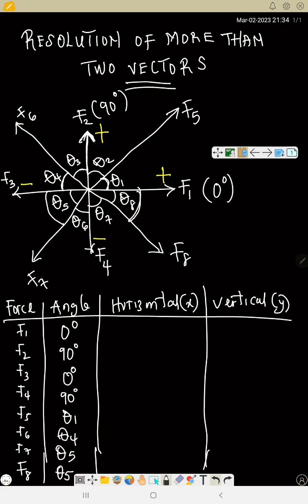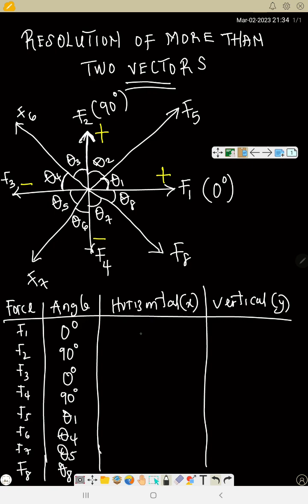Now do you notice I'm not picking theta 2, theta 3? If I pick them there is no problem, but picking all the horizontal angles shows that all my horizontal will be cos and my vertical will be sine. So F7 we have theta 5, F8 we have theta 8, like that.